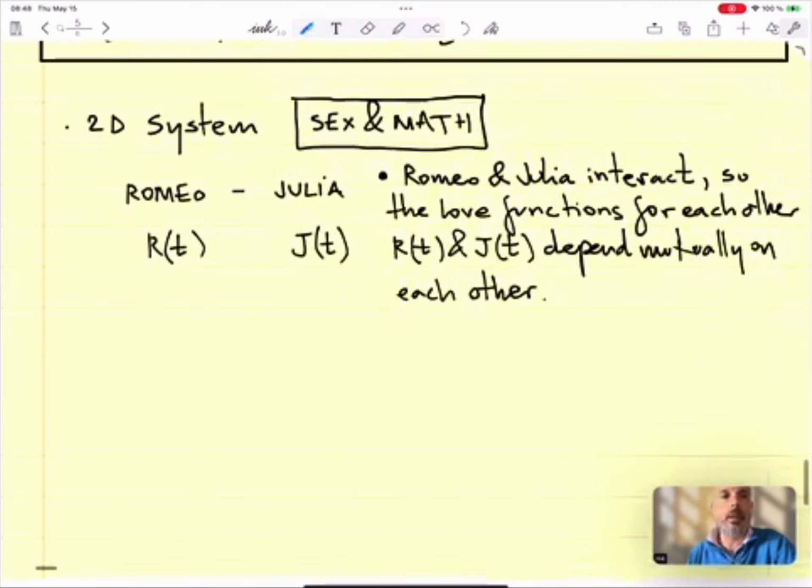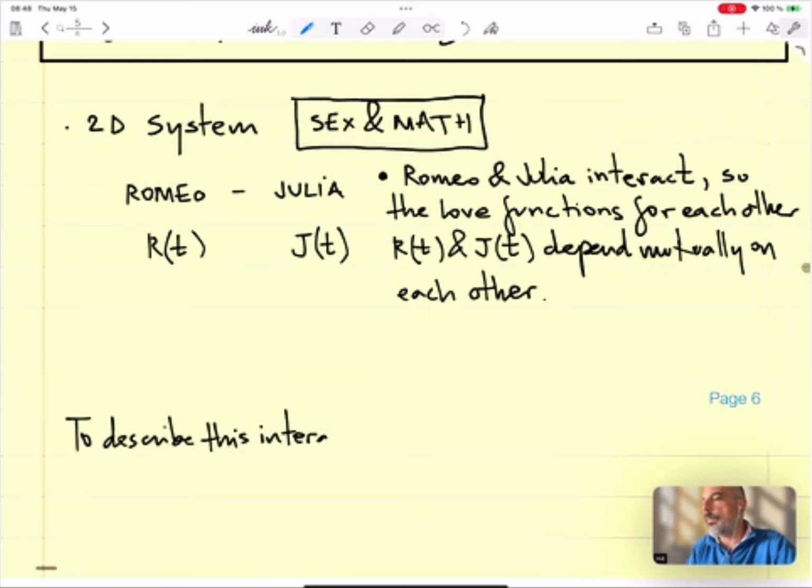Okay, so to describe this interaction, we need 4 parameters.